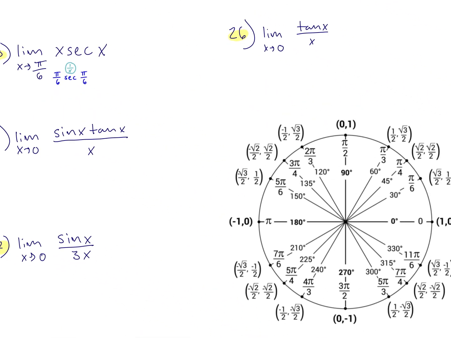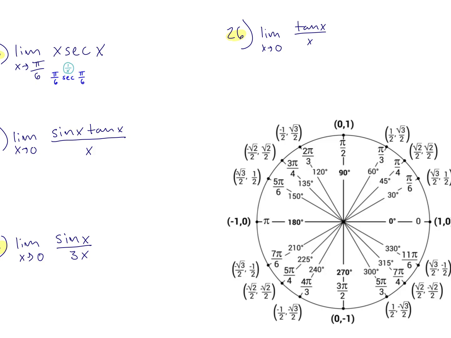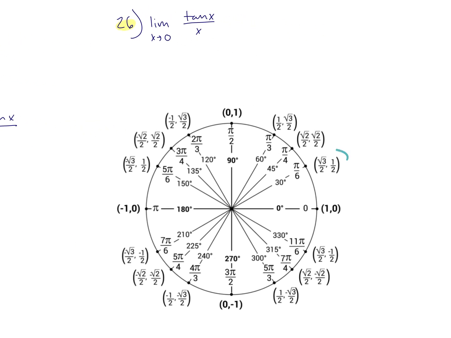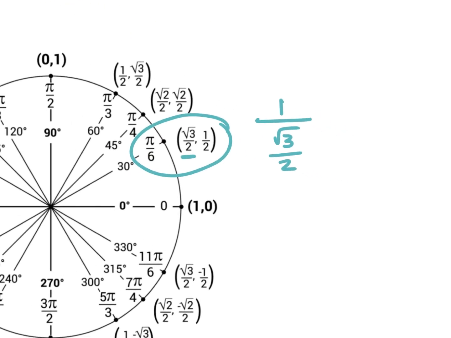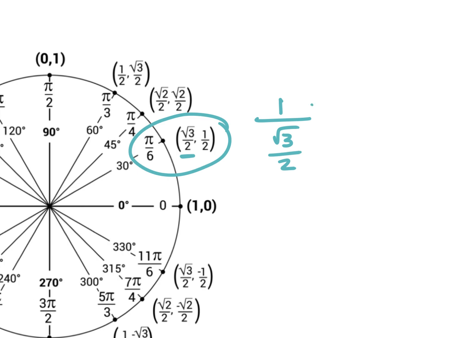Let's go to our unit circle. Secant of pi over 6 would be here. So 1 over x would be 1 over square root 3 over 2. How can we simplify this? Awesome. Keep, change, flip. When we flip the denominator, we get 2 over square root 3.